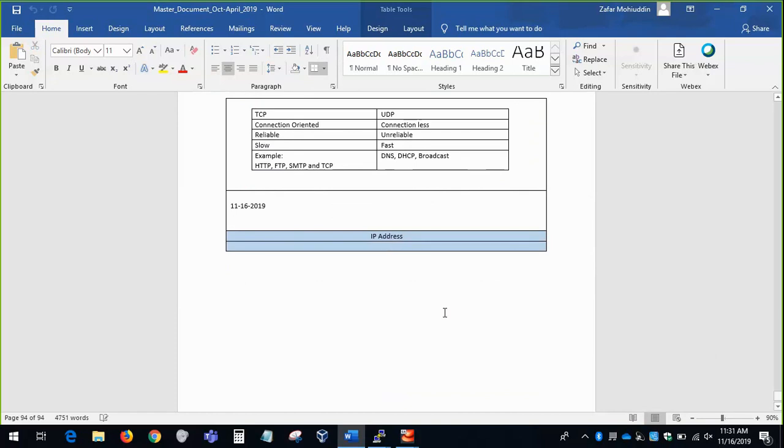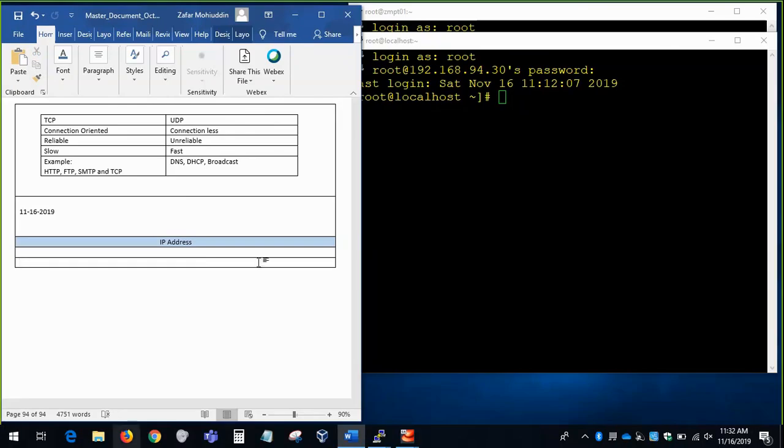So the next thing I'm going to cover is the IP address. What is an IP address? An IP address is a set of numbers.